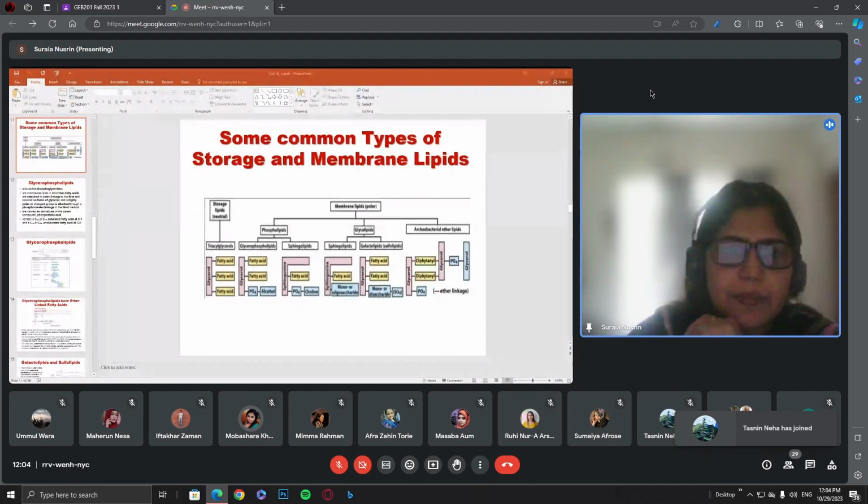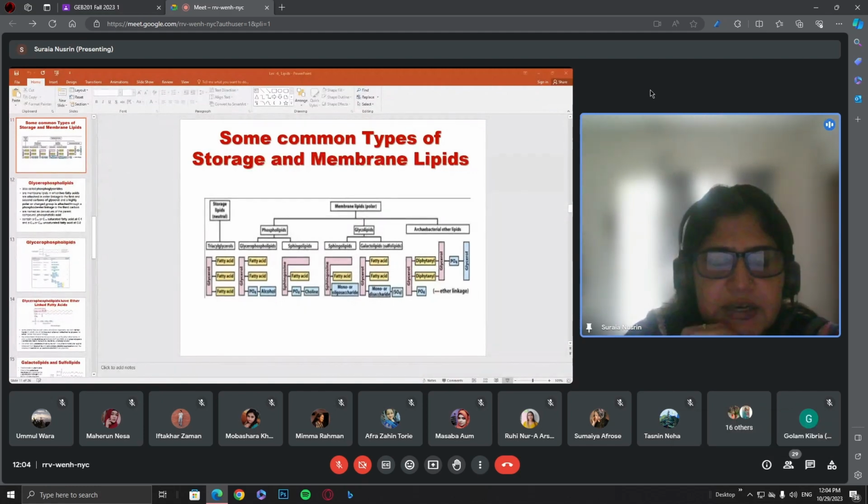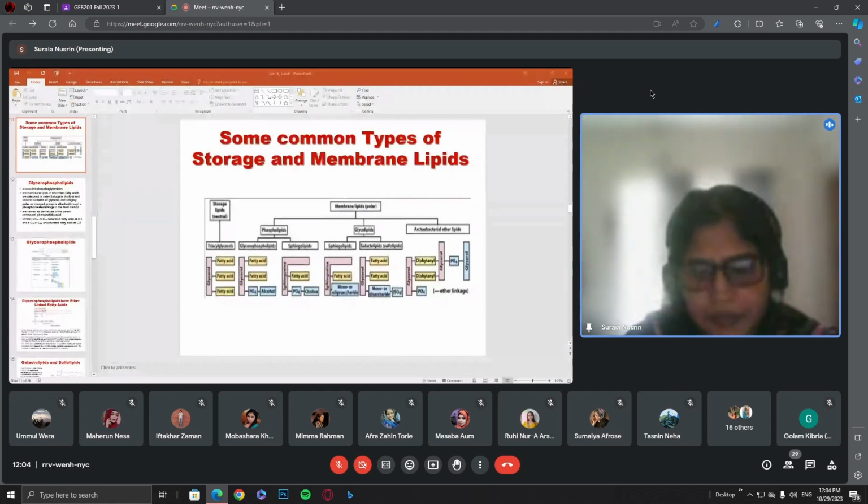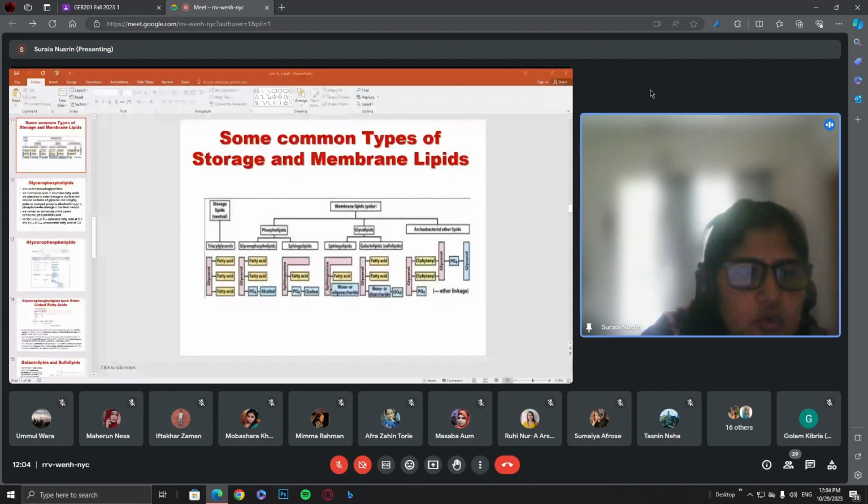We are learning about the macromolecule lipid, and we have already completed the storage form of the lipid, which is the triacylglycerol, and another one is the wax. And then the second most important lipid is the membrane lipid, and under the membrane lipid we have learned that there are mainly two types.